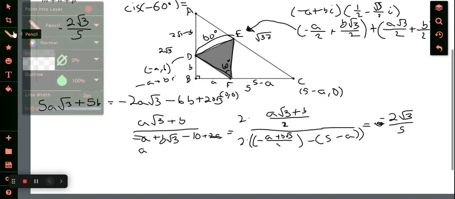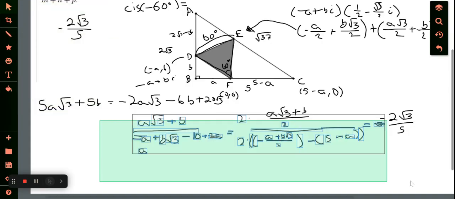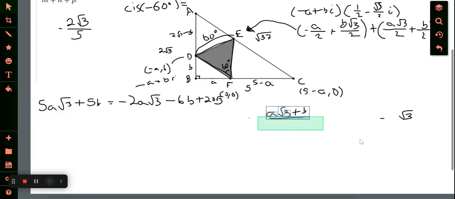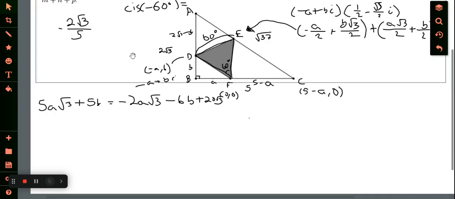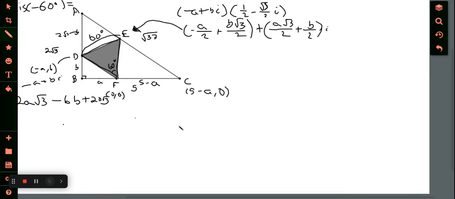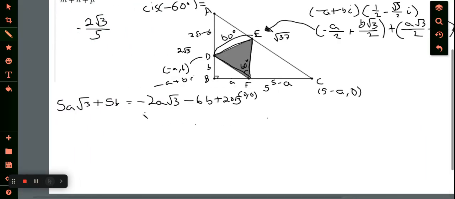And let's erase this, because now we have the equation that we desired. Now you can combine like terms: 7a root 3 plus 11b is equal to 20 root 3. And just like that, we have a condition for a and b.